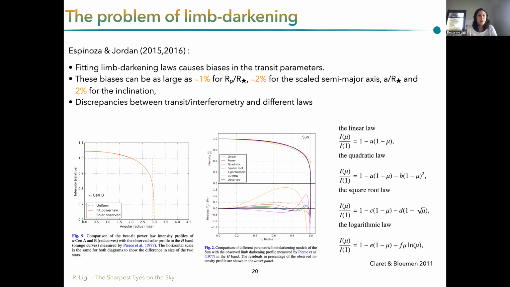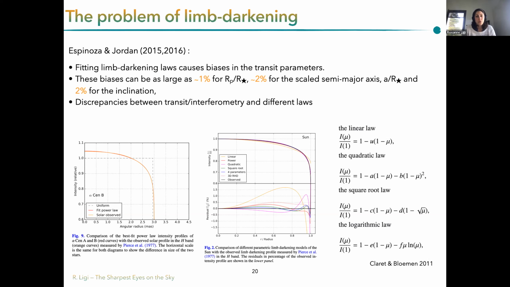And actually, fitting the limb darkening laws causes biases in the transit parameters, and they can reach up to 1% for the ratio of the planetary to the stellar radii, and also a few more percent for the semi-major axis, for example.